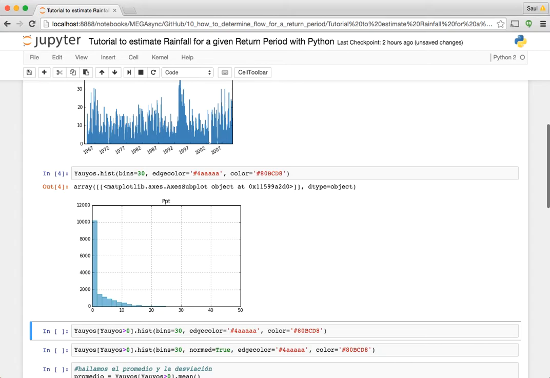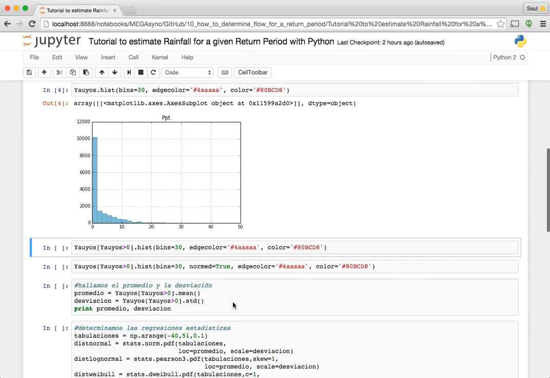Because if you see, this distribution is not capable, as you will see in the notebook, of being resolved by any known distribution in the SciPy library, because we have a lot of data with no precipitation.